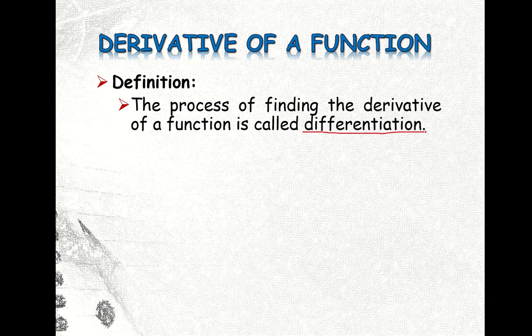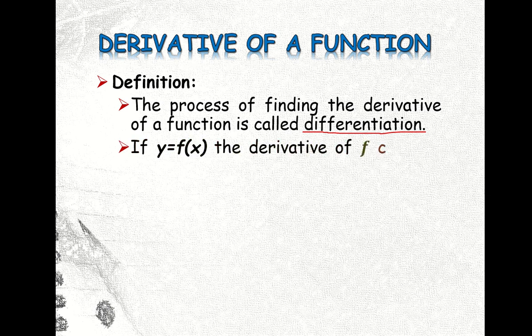Okay, if y equal to f of x, or y a function of x, the derivative of f can also be denoted by something like this. y prime, which is equivalent to dy over dx. So we have so many symbols, class, used, like the one that I discussed in the other videos.